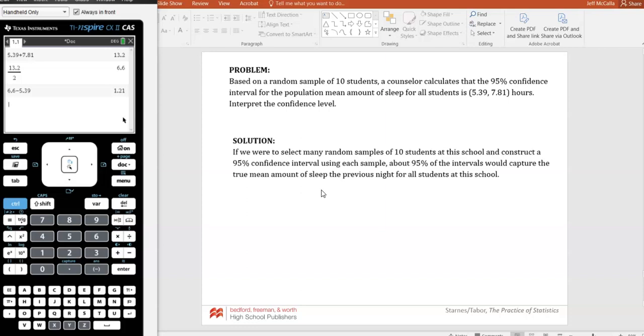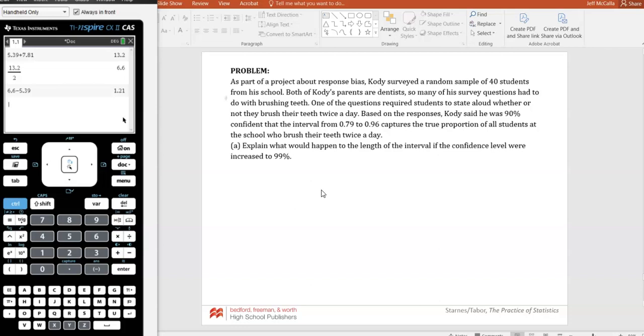Boy, that's hard to say. If we take a random sample of 10 students and construct a 95% confidence interval using each sample, about 95% of the intervals would capture the true mean amount of sleep. So if we created a whole bunch of them, that's what would happen.